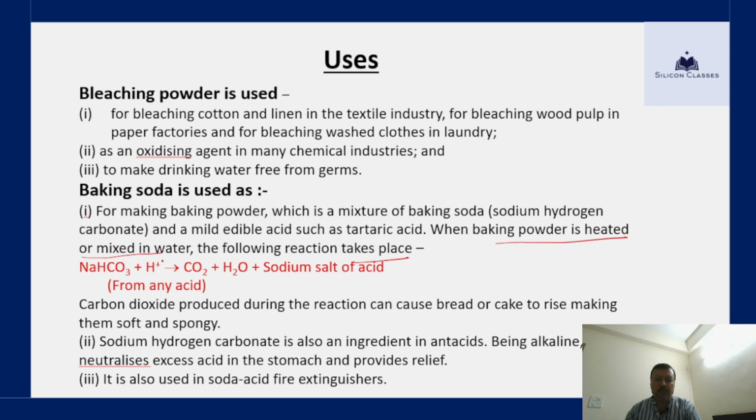Sodium bicarbonate and hydrogen ion from any acid form carbon dioxide, water, and the sodium salt of the acid. Carbon dioxide produced during the reaction causes bread and cake to rise, making them soft and spongy.